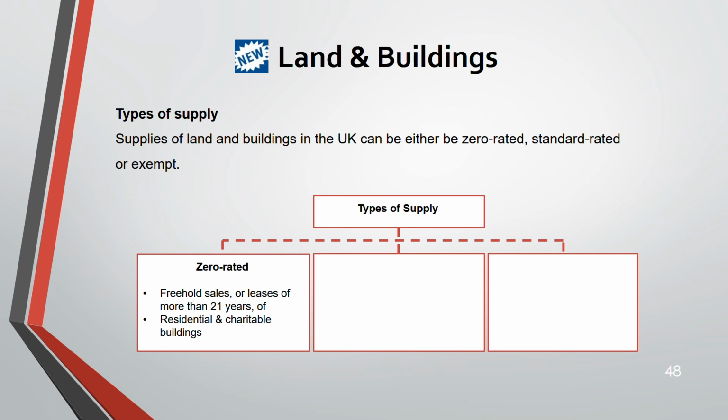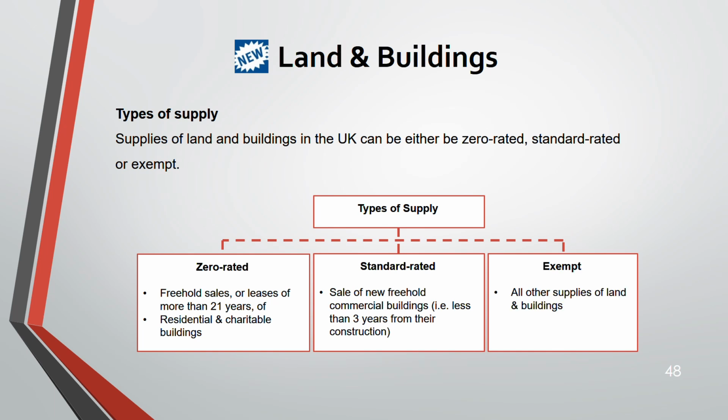Remember, building has to be residential and charitable, more than 21 years, either freehold or leases. Could be any type of building. Next, standard rated. When you're selling a new freehold commercial building less than 3 years from their construction, it's standard rated, and after this, all other supplies of land and buildings are exempt unless that exemption is waived.